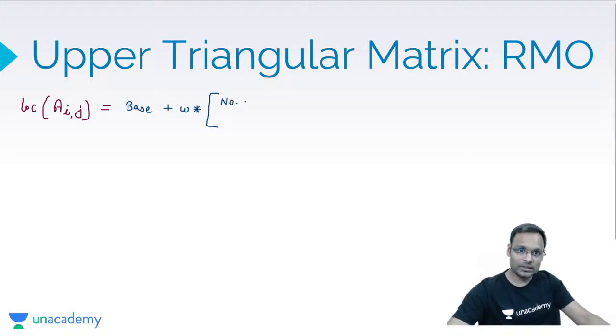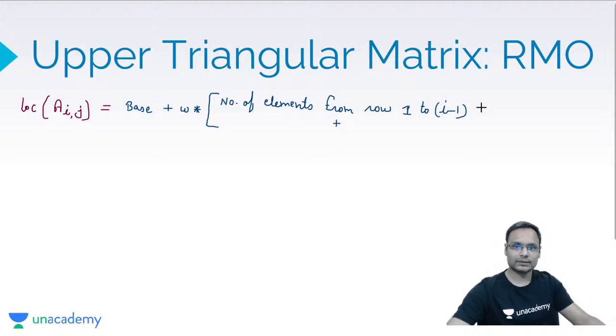Number of elements from row number 1 to I minus 1, plus j minus lower bound of j. Basic formula, yes, done.